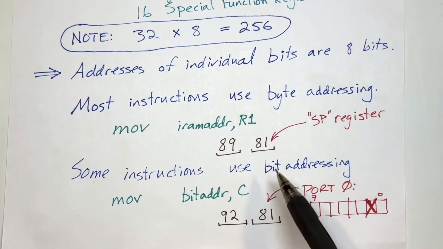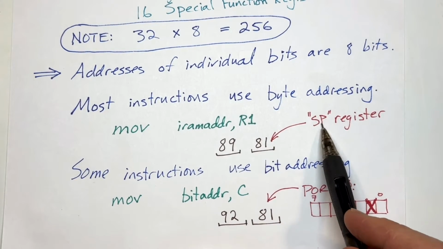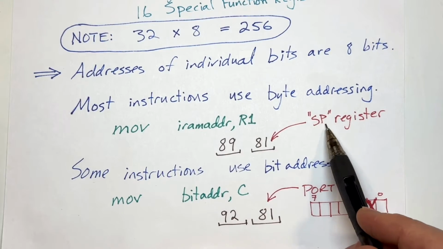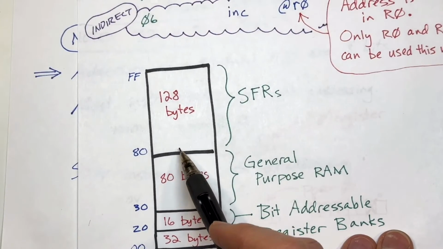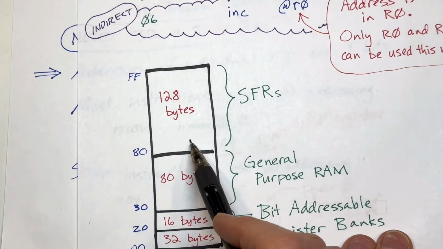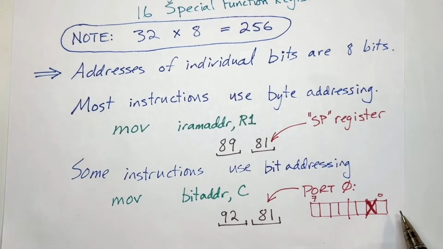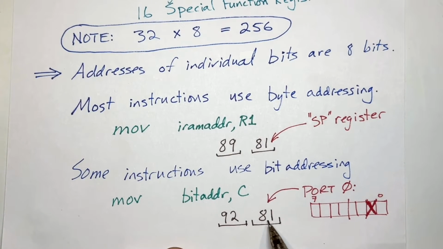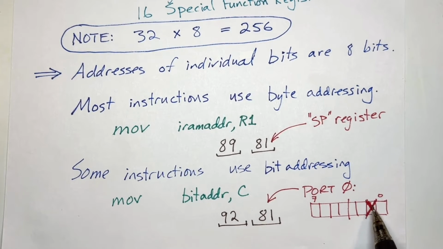So here I'm specifying 8.1 in both these instructions, and 8.1 happens to be the stack pointer register. So that happens to be the very second register in this region here. But for the bit addressing mode, 8.1 specifies something different. It happens to be port 0, and it specifies that particular bit within the port 0 register.